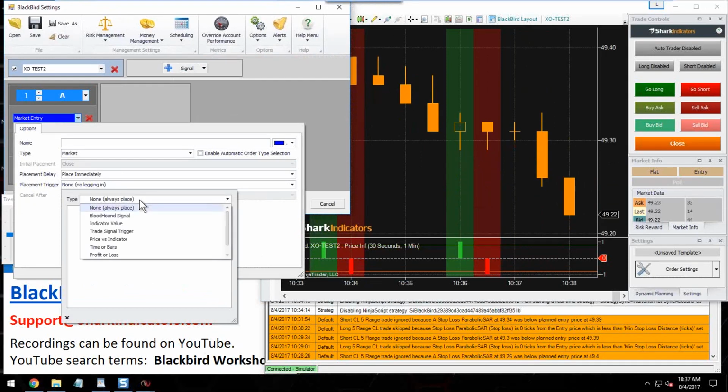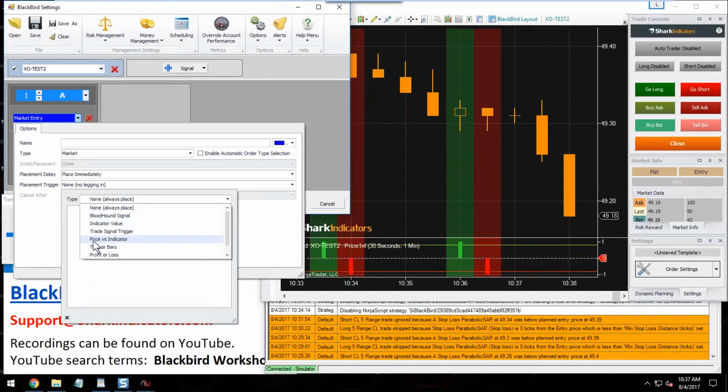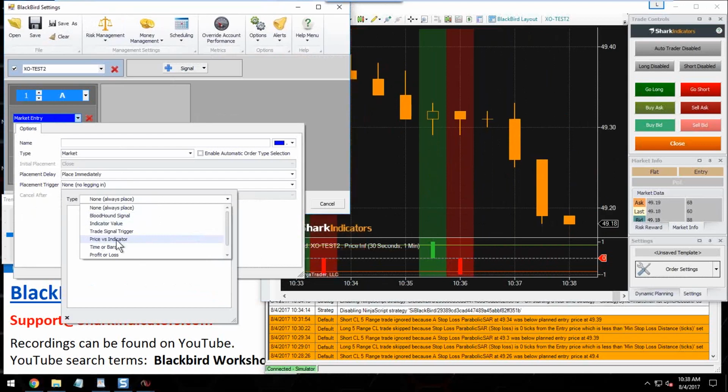So what we can do is a price versus indicator here. But what we're actually going to do is price versus price. Even though it says price versus indicator, it can actually be indicator versus price or price versus price.